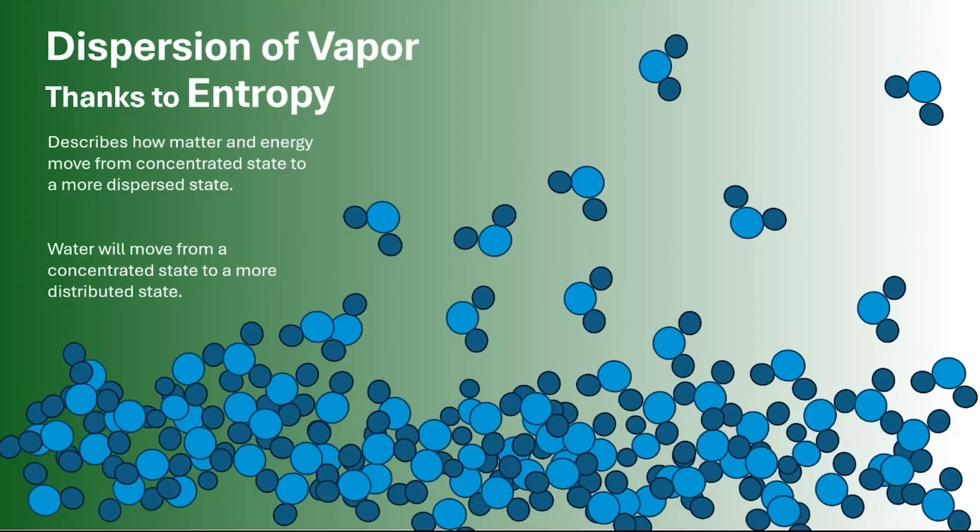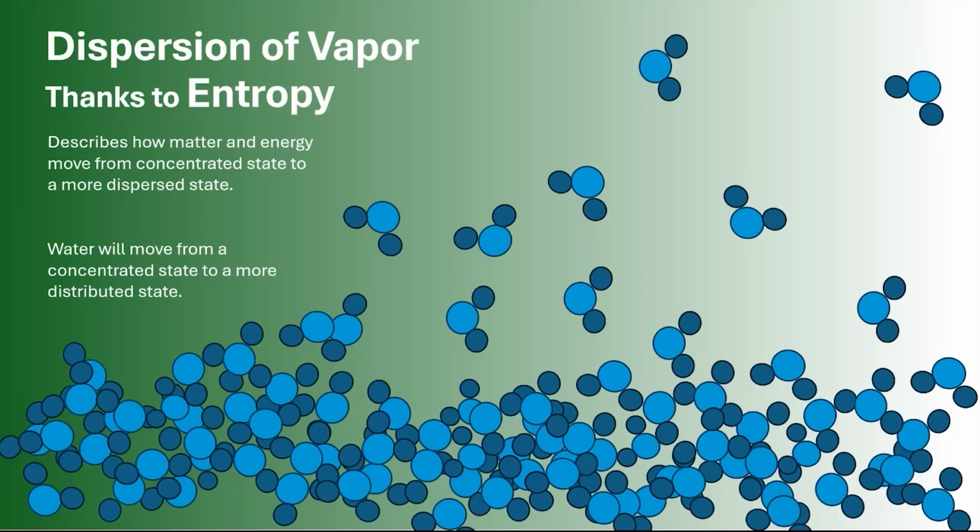So water is always going to try to disperse from a more concentrated state to a less concentrated state. It's the law of entropy. If you look at this as water molecules on the surface of a lake, the average temperature of that lake surface, represented by the thick amount of molecules there, may be 50 degrees. It may be 40 degrees. You're still getting water moving off of it because those individual molecules may be at a higher energy state than the average.